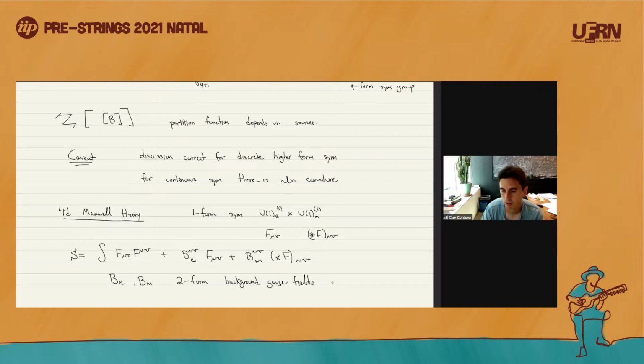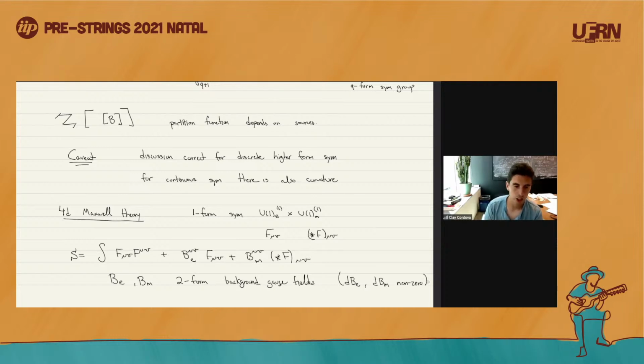Now they're continuous, so dB is not 0. And these are the curvature parts that one would need to take into account in general for the continuous case. Now, they're background gauge fields, meaning that they enjoy a gauge redundancy.